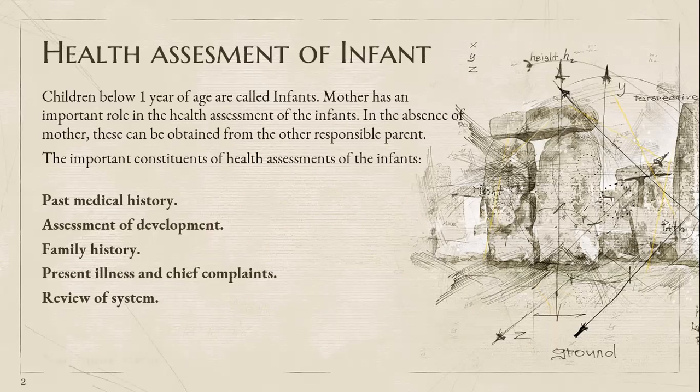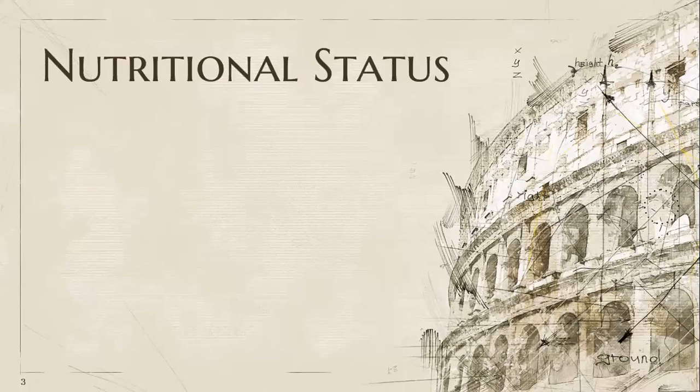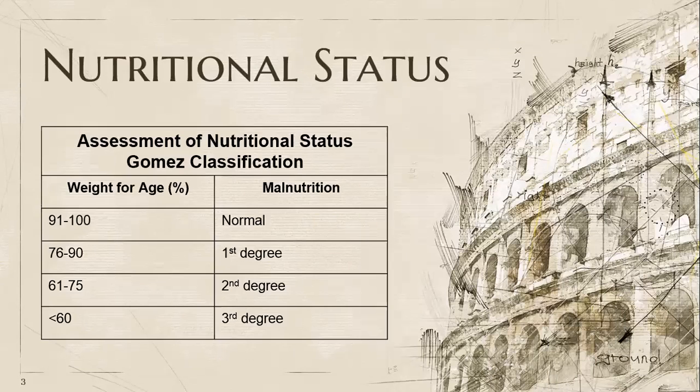Next, nutritional status. The growth chart monitors the growth of the child over this period. It will detect early onset of malnutrition and also indicates to what degree the child is malnourished.